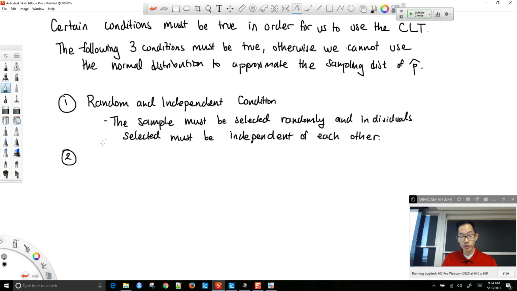Condition 2 is what we call the large sample condition. Basically, the sample needs to be large enough.